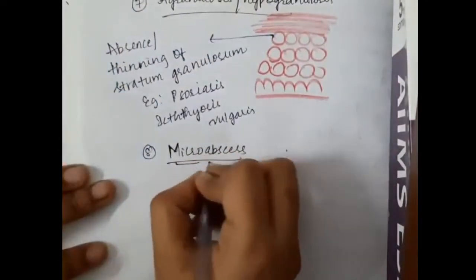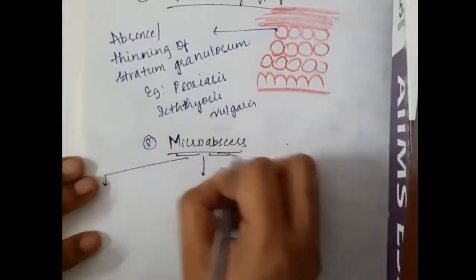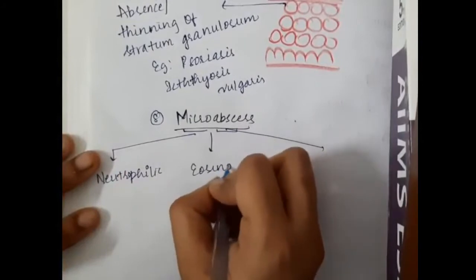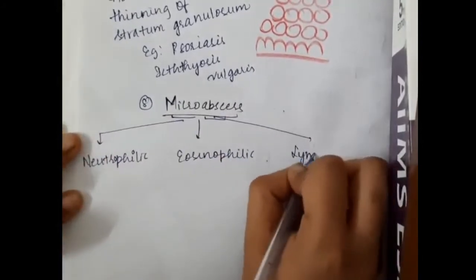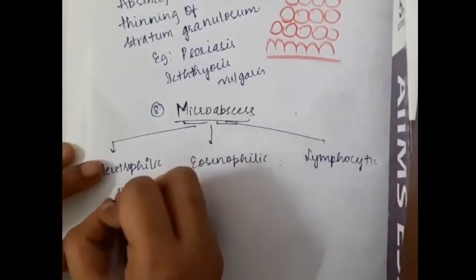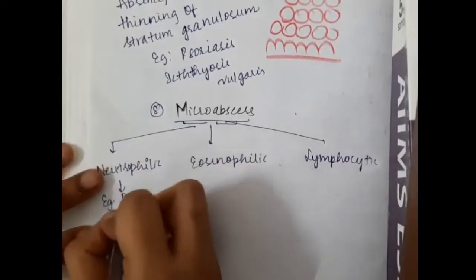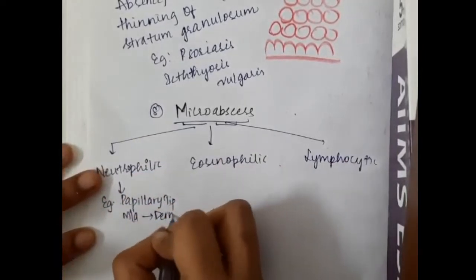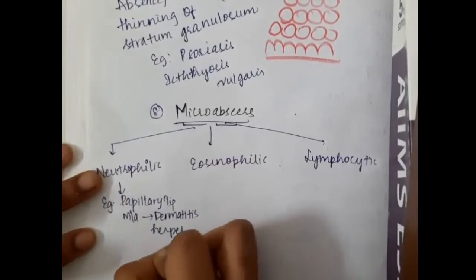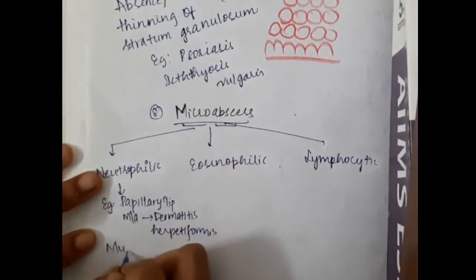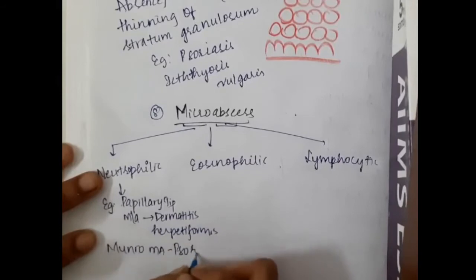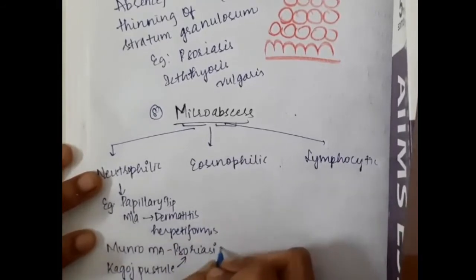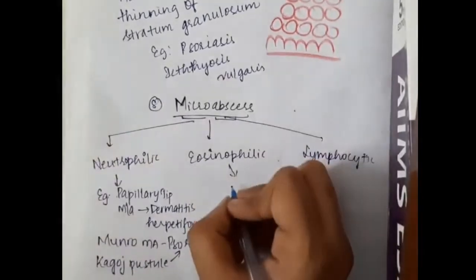Then we have the eighth one, which is microabscess. It is of three types: neutrophilic, eosinophilic and lymphocytic microabscess. Neutrophilic microabscess includes papillary tip microabscess, which is seen in dermatitis herpetiformis, then Munro's microabscess or Kogoj pustules, both seen in psoriasis.